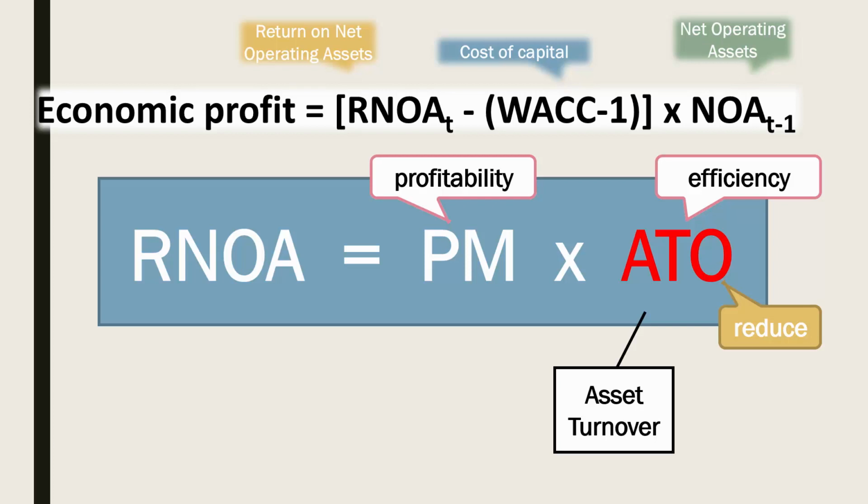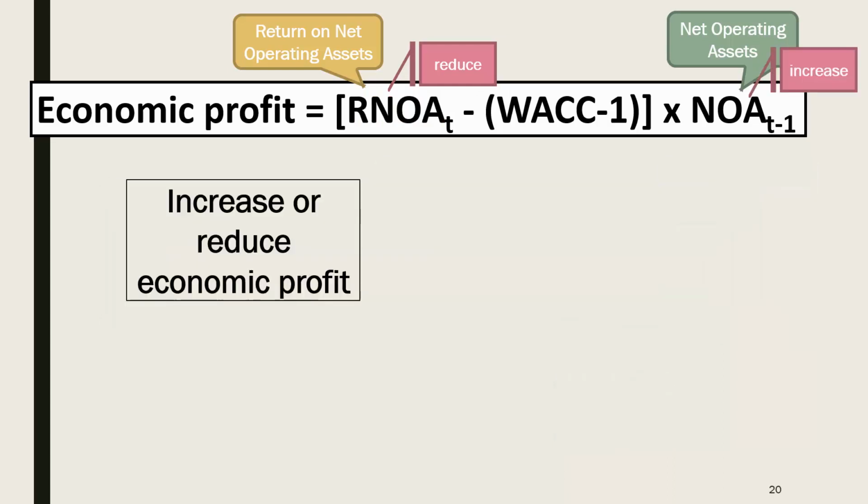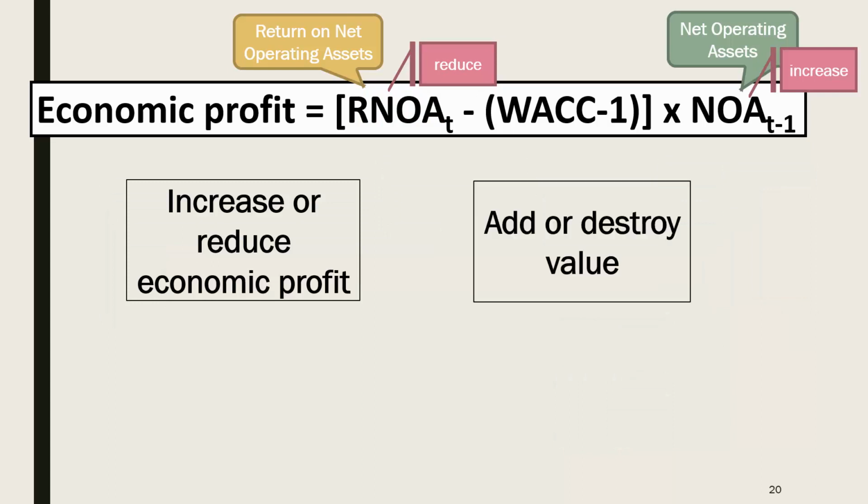Actions to grow sales that reduce asset turnover will increase net operating assets, but will also reduce return on net operating assets. Depending on which effect is greater, this type of sales growth may increase or reduce economic profit, and so either add or destroy value to equity investors.